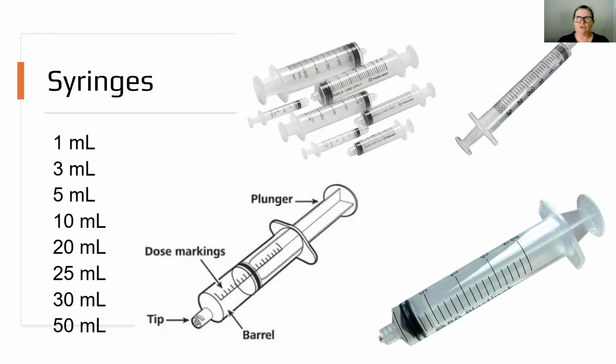I mean, the most you could possibly inject into somebody is 3 mLs at a time, but that very rarely happens. So the parts of a syringe are as follows. There are the little dose markings on the side. This whole thing is called the plunger. This part is called the barrel, and then you have the tip.